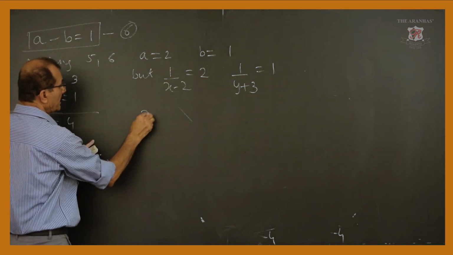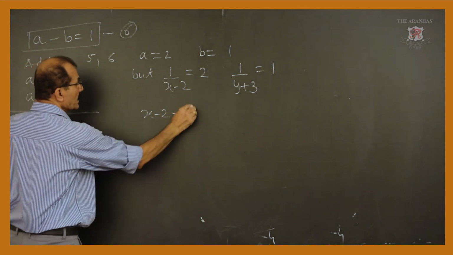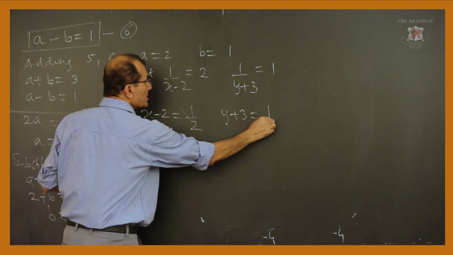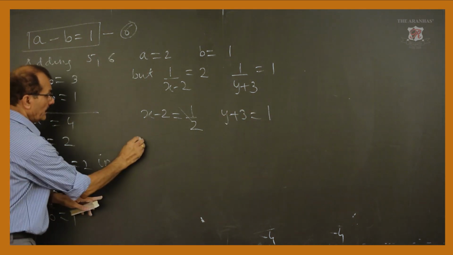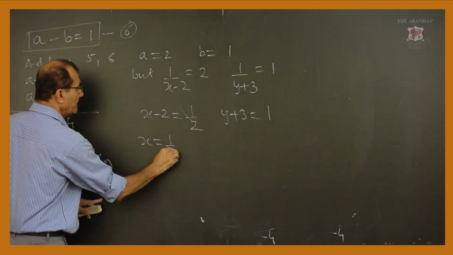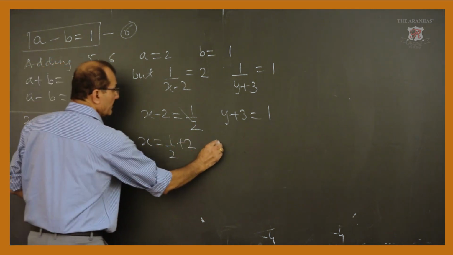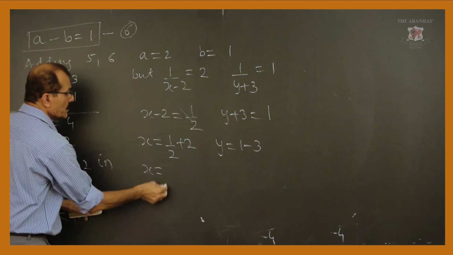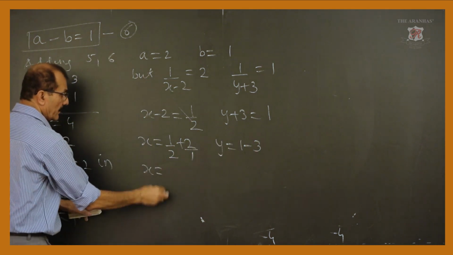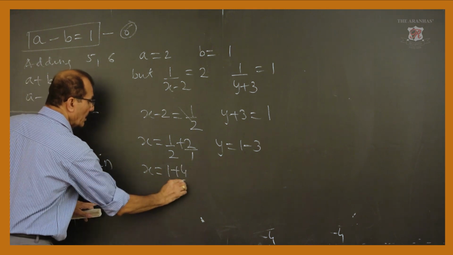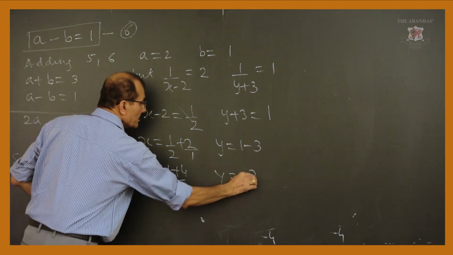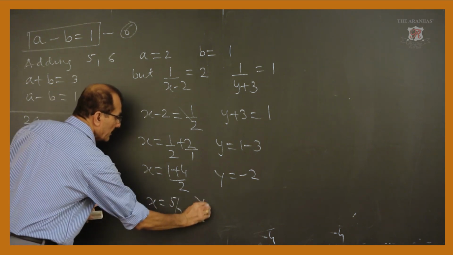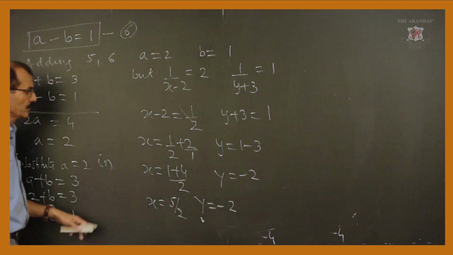So take the reciprocal. So x minus 2 is equals to 1 upon 2 and y plus 3 is equals to 1. Therefore x is equals to half plus 2 and y is equals to 1 minus 3. So x is equals to, now I have to find LCM here, 1 plus 4 upon 2, and y is equals to minus 2. So x is equals to 5 upon 2 and y is equals to minus 2.